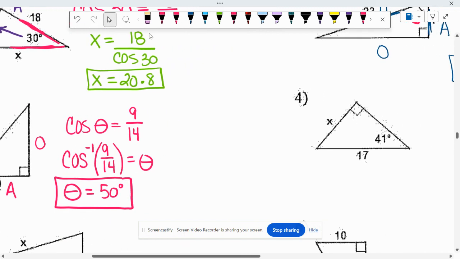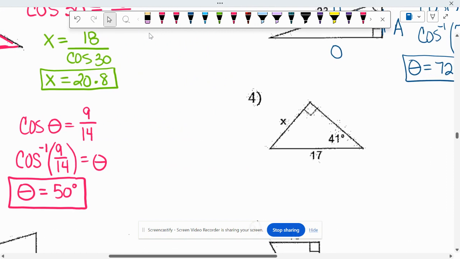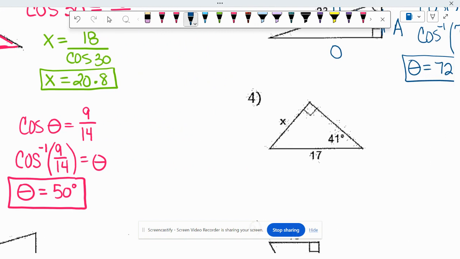Here we go. So from this angle, Colt, let's label our sides first. We have to do an O, an H, and an A. H, yep.